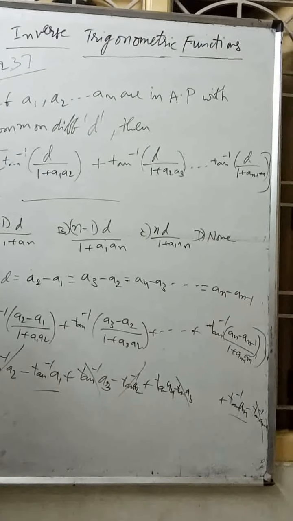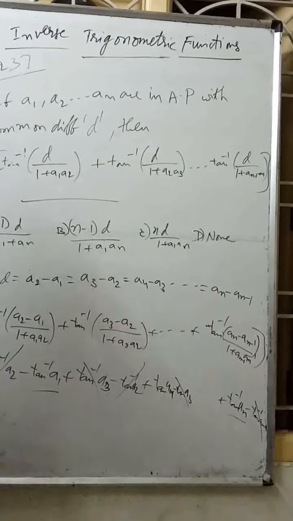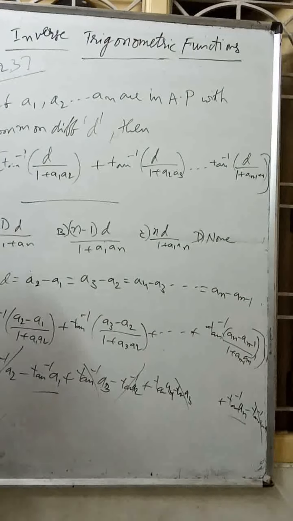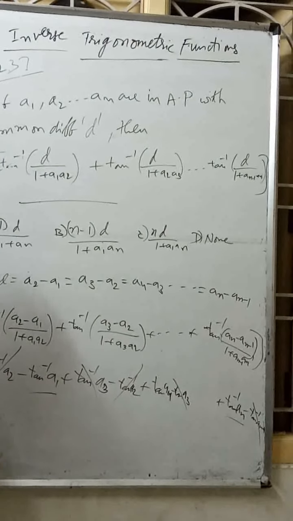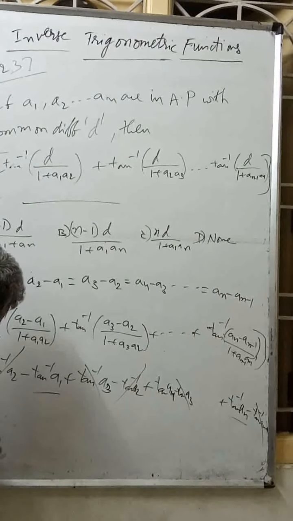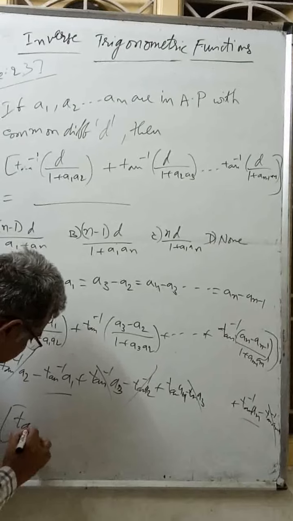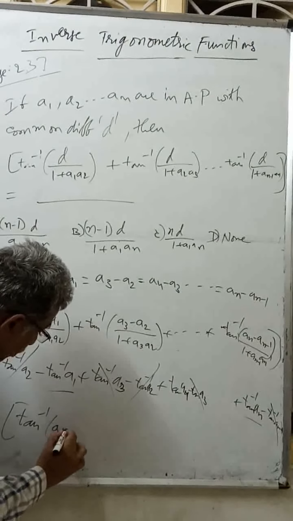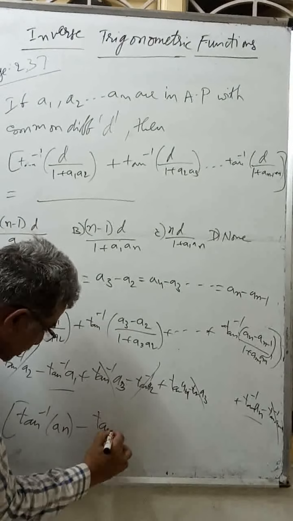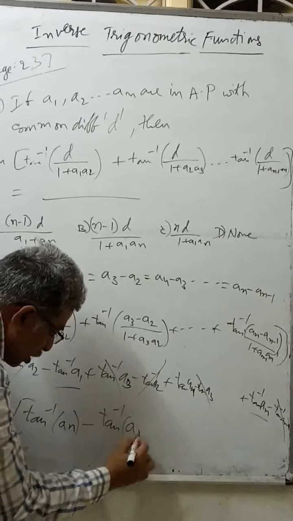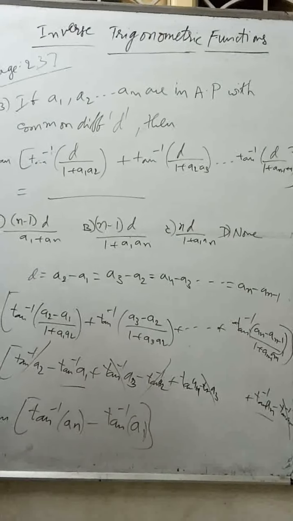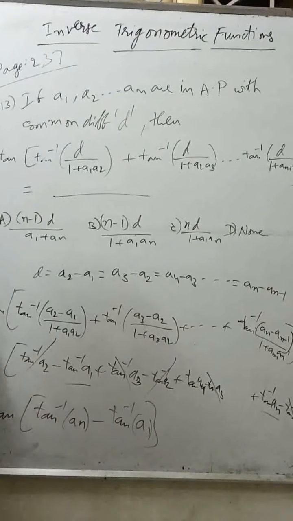This is called a telescopic series. Everything gets cancelled, it's called a telescopic series. So this series finally simply becomes tan of, left out is tan inverse an minus tan inverse a1. This is the final value. Now this is the tan inverse x minus tan inverse y formula again.